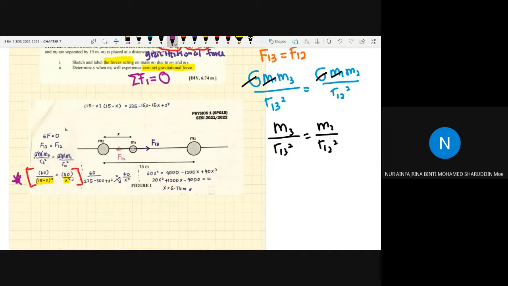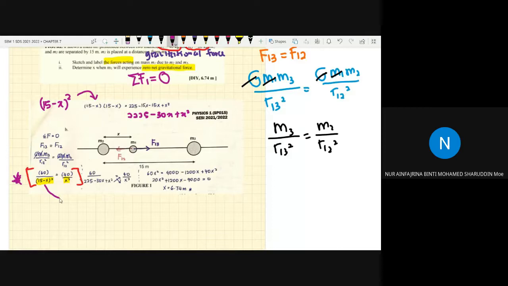Kalau nak selesaikan maths dia, apa yang korang akan buat? Expand 15 minus x squared tu. Very good. So, if you expand 15 minus x squared, you will get 225 minus 15x minus 15x plus x squared. So, you will get 225 minus 30x plus x squared.